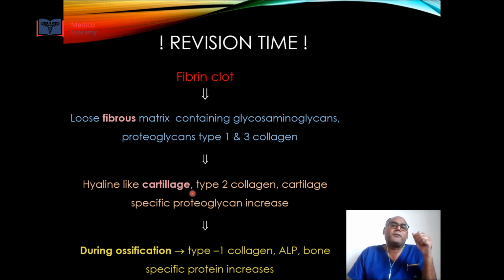If it arrests at soft callus stage, we would get hypertrophic callus formation. It slowly mineralizes, and if the arrest is between this type 2 to type 1 transition, we get elephant foot type hypertrophic non-union. If we get arrest within the soft callus formation, then we get horse hoof type hypertrophic non-unions.